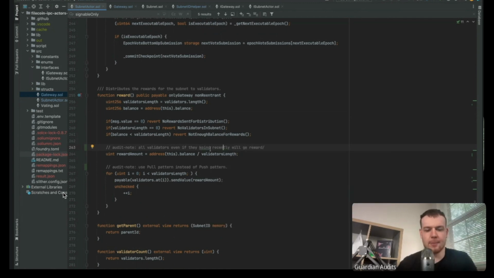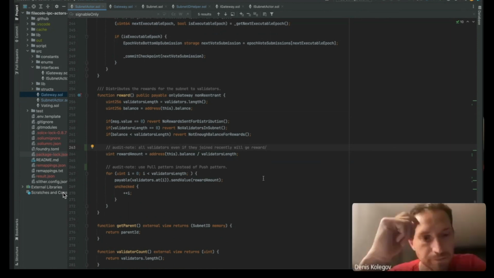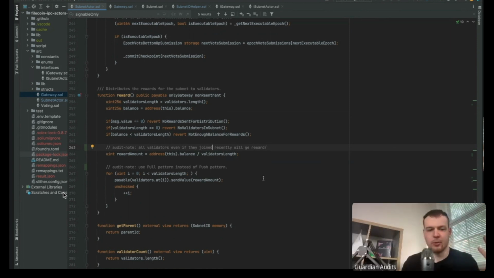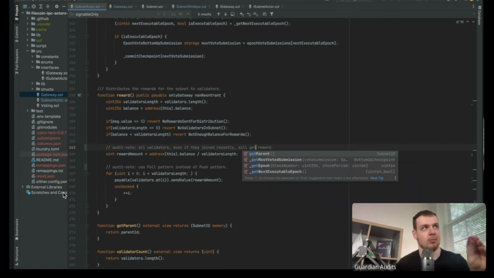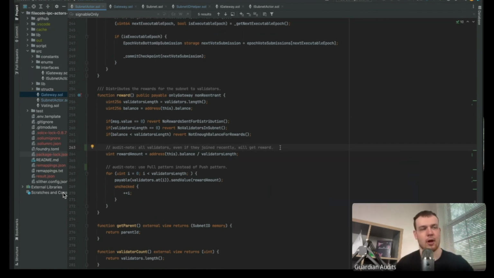So in an epoch, validators are validating for a specific epoch. They could join at epoch number 1, right? Then for example, in that epoch, a certain amount of rewards are supposed to be distributed for that epoch, right? So we could only allow validators who are stamped with that epoch or earlier to come in and claim rewards for that epoch.